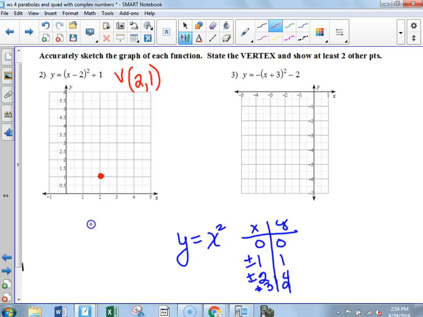Now, the vertex isn't at 0, 0 anymore, but this will still help us determine, because the A value is still 1, there's no stretch. So when we go out 1 either way, we should go up 1. When we go out 2, we should go up what? 4, because you're squaring it. Okay, so over 1, up 1 on either side of that axis of symmetry.